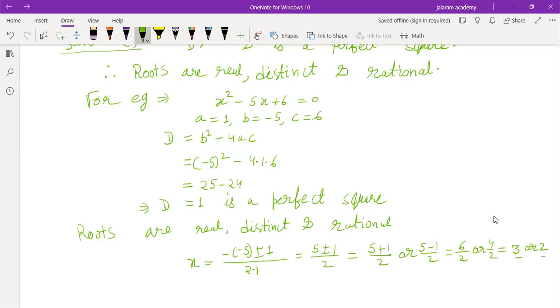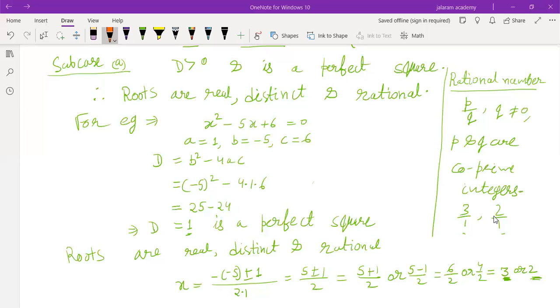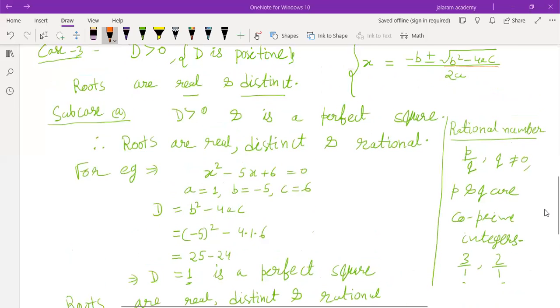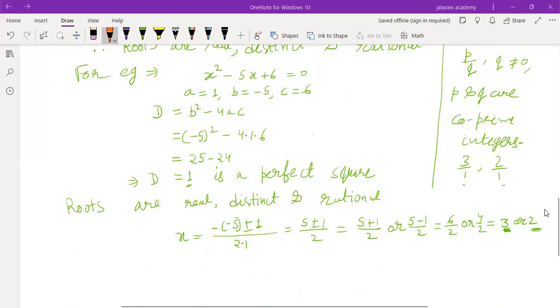So these two are distinct roots and rational roots. Understood, everyone? Means whenever discriminant is a perfect square, as the square root of a perfect square number is always a rational number, roots are real, distinct, and the special thing about this is they are rational also.